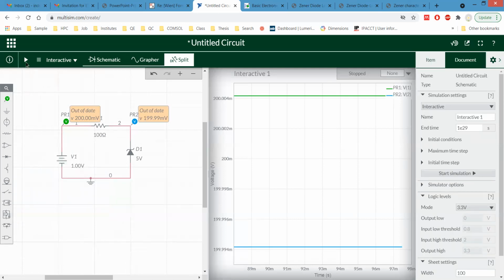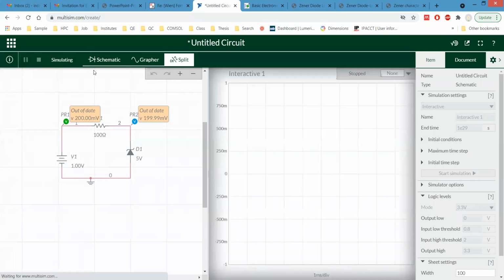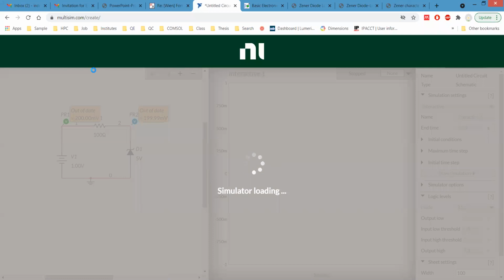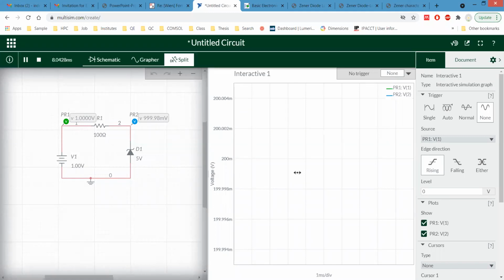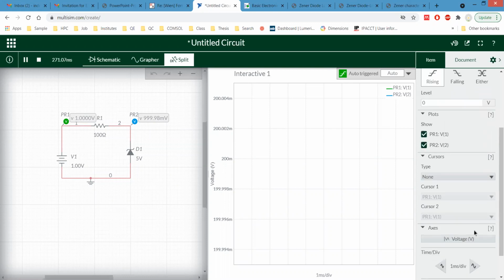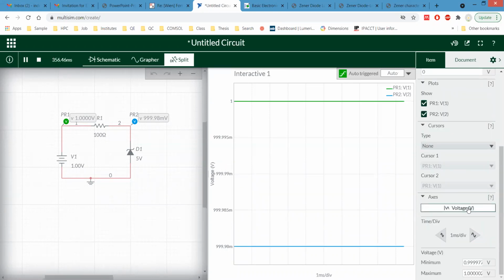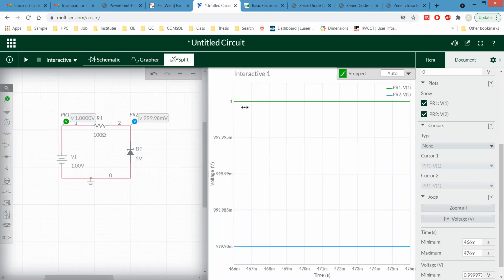Why is it not showing that? Okay, so let's stop it and please note down the value that our output voltage is 999.98 millivolt and the input is this.